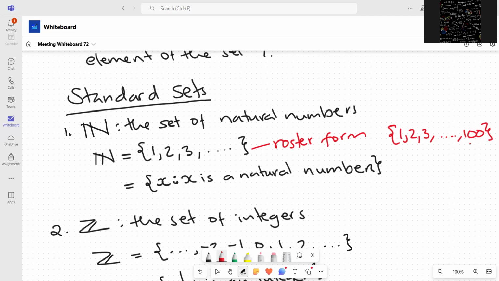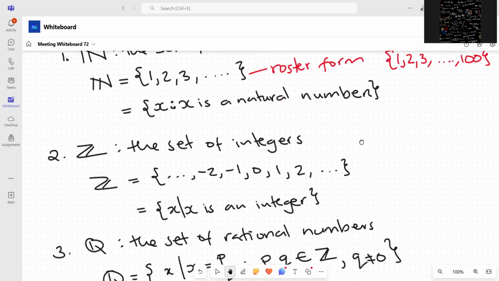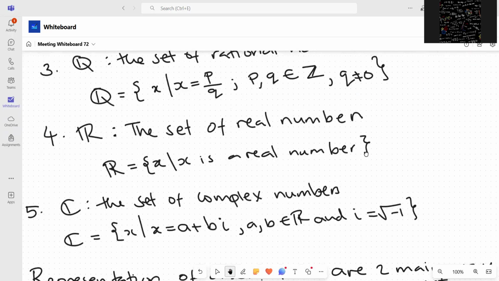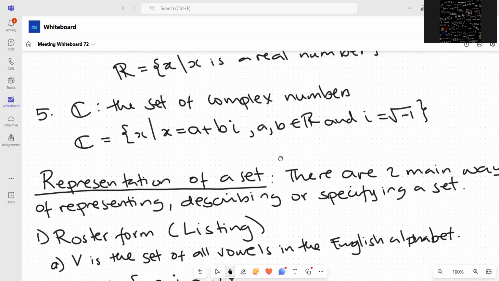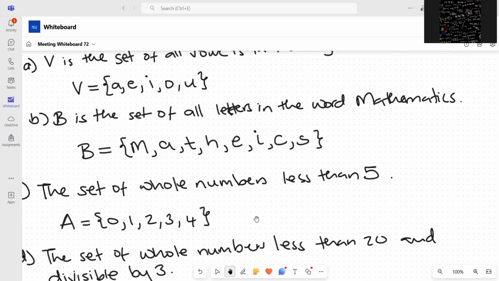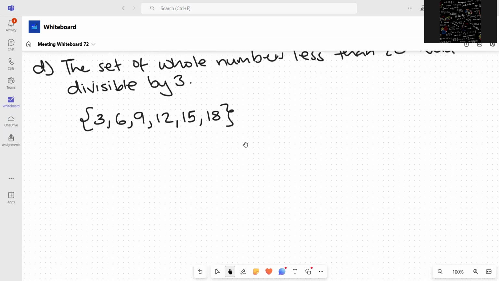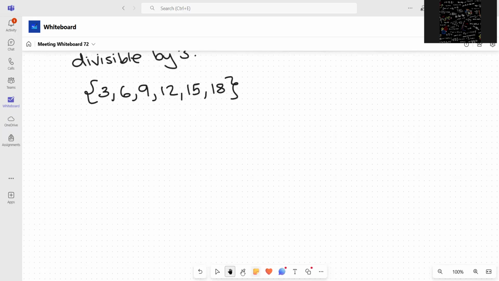This one tells me that I stop at 100. So that is roster form, and that is one of the ways that we represent our sets. Okay, then the second way of representing our set is what we call set builder notation.